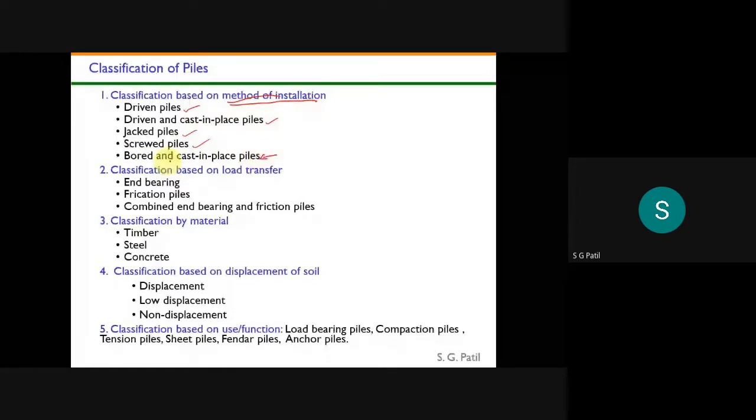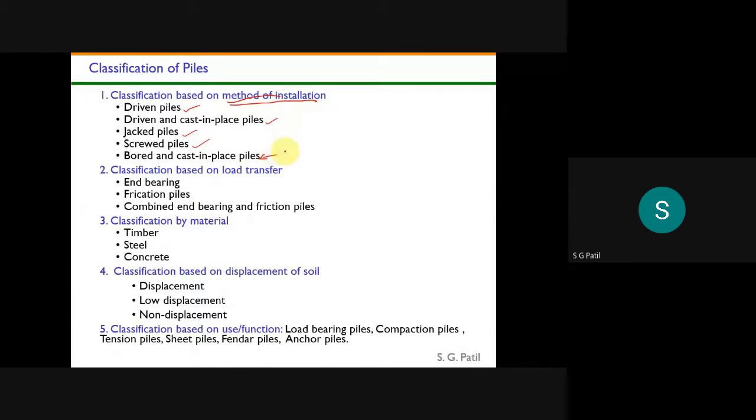Bored and cast in place piles are the most important, widely used in our normal conventional civil engineering structures like multi-story buildings. Especially in India, almost 90% of the piles will be bored and cast in place piles.